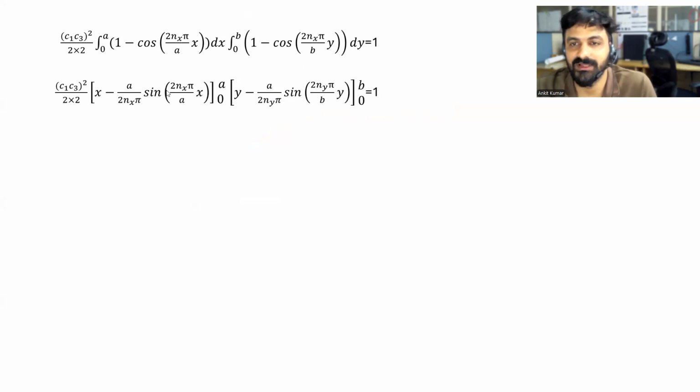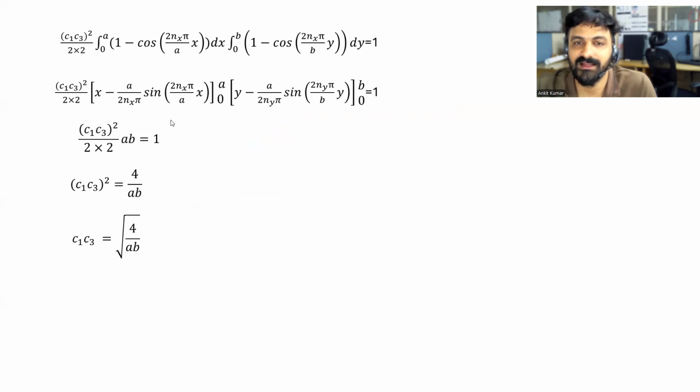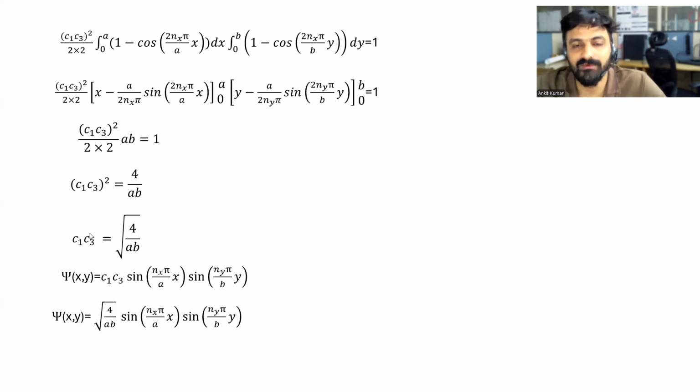After this integration, you can substitute the limits from 0 to a for x and from 0 to b for y. After doing this, we get the value of c1 c3 squared equal to 4 upon ab. Finally, you can calculate the constants c1 and c3, which is root 4 by ab. Okay. Great.